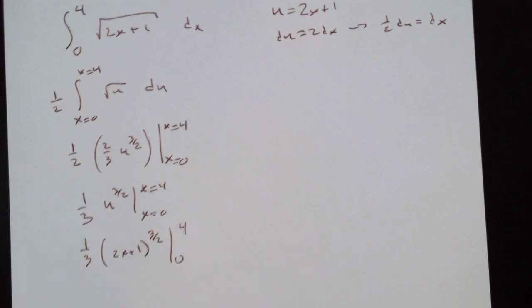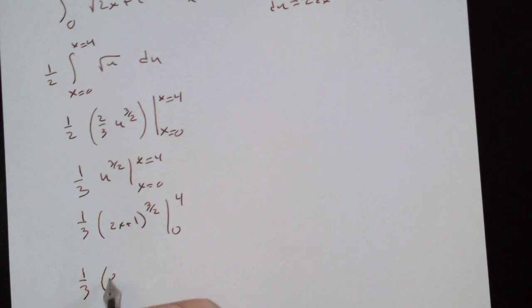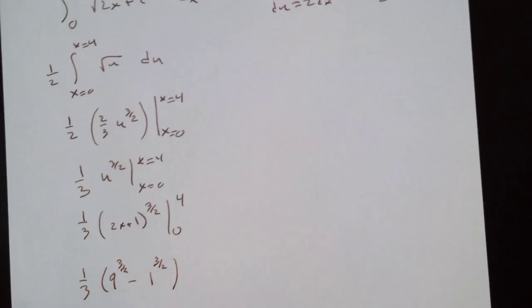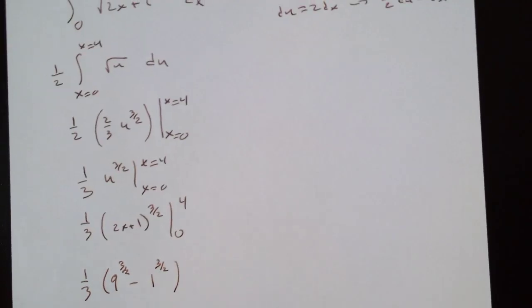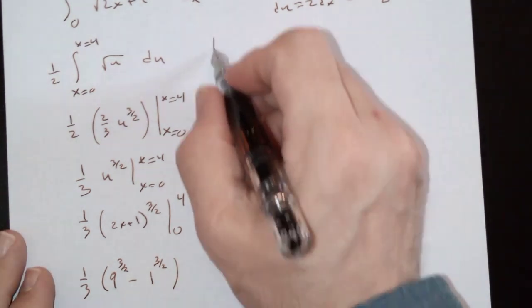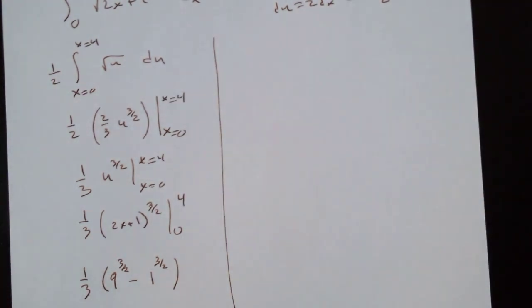So I can plug that in. 1/3 (9 to the 3/2 minus 1 to the 3/2). I'm going to leave that number just like that. I could simplify it. I'm going to wait to do that. That's option 1.